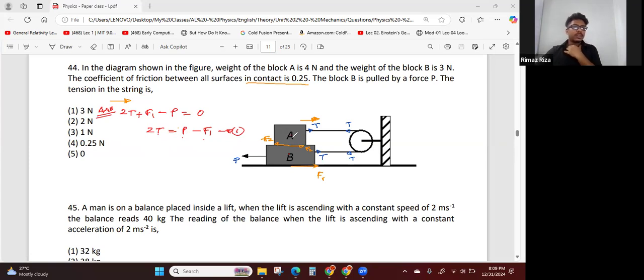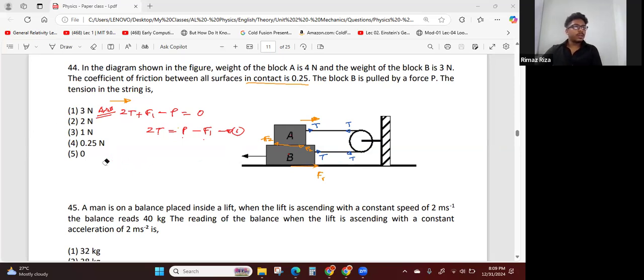So the second equation that I'm going to consider is for A. By the way, here F1 we can write because they have given the friction coefficient, so it will be easier.